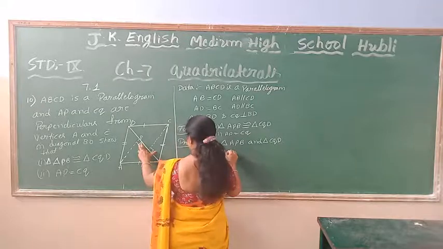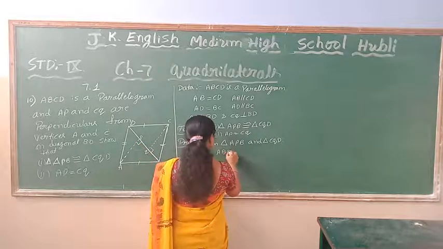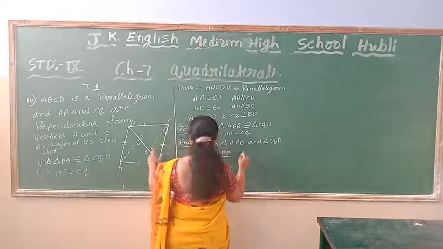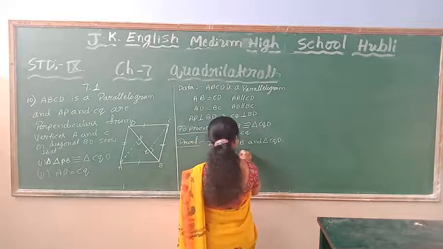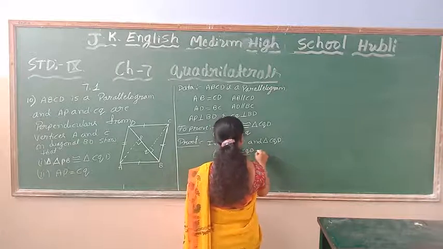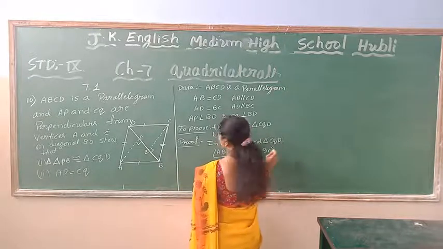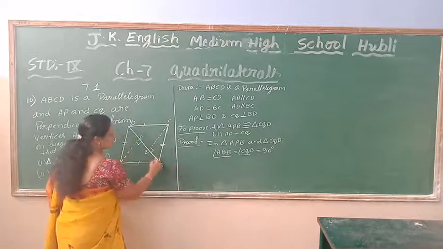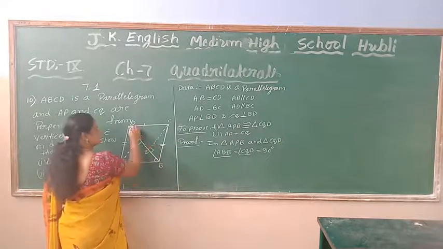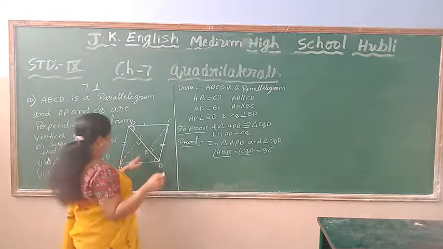So angle APB in this triangle and angle CQD in this triangle, both angles are 90 degrees. And these two angles are alternate angles, because in a parallelogram, with this transversal, alternate angles are equal.